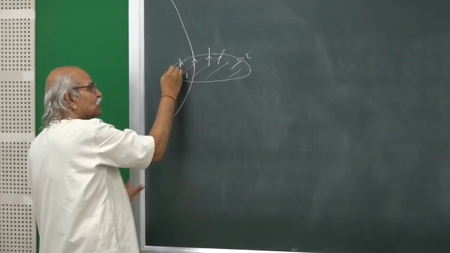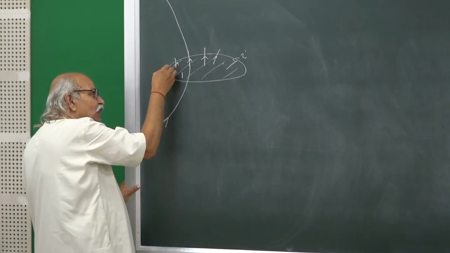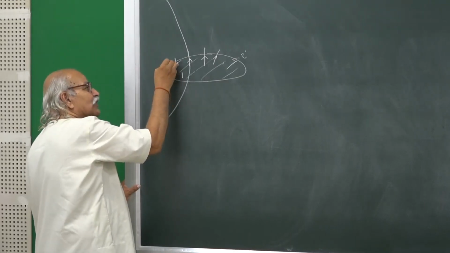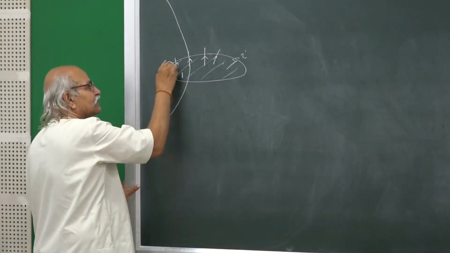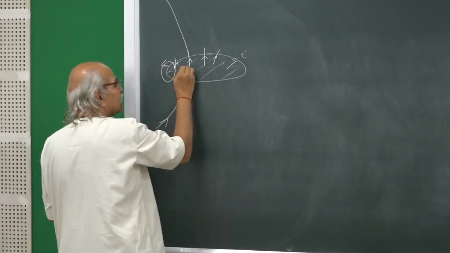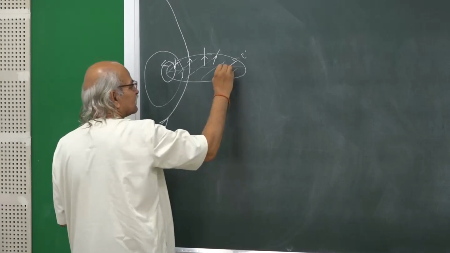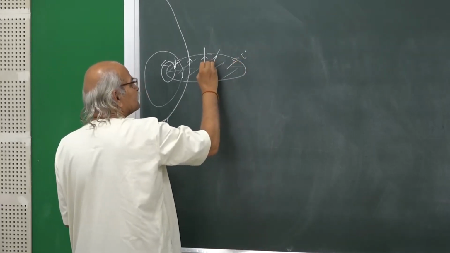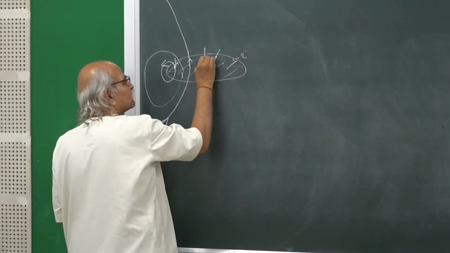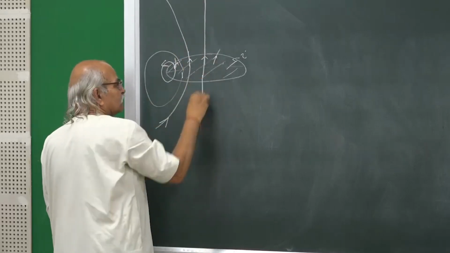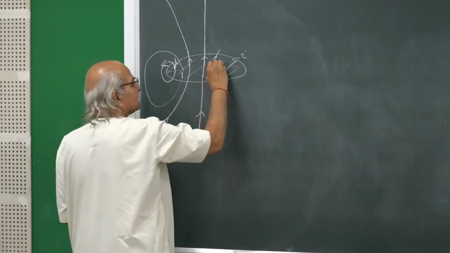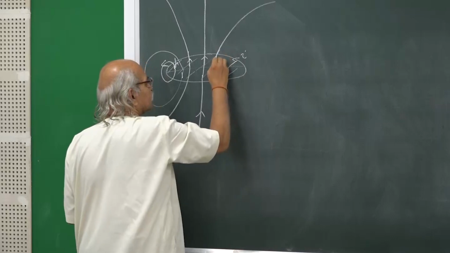If you are close to the wire, then possibly it will go and it will turn here, like this. Similar thing on this side. The central one will of course be straight, and then you will have lines like this.